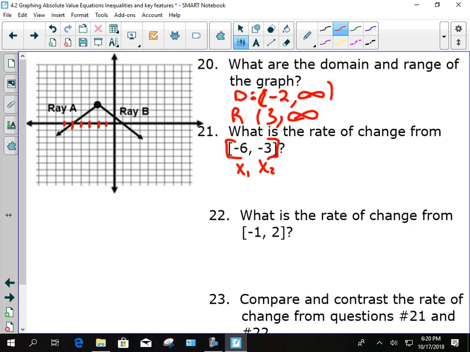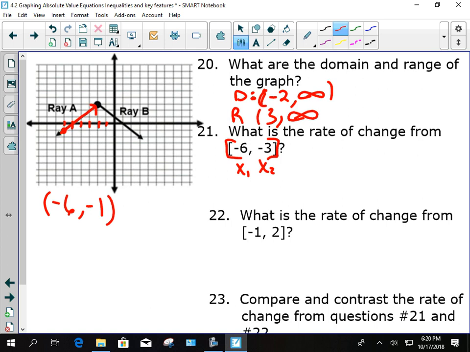This is my ordered pair, -6 is with -1, right? Now, you don't need to calculate y2 minus y1, because I'm talking about this ray right here.